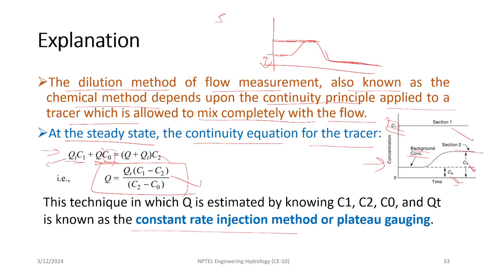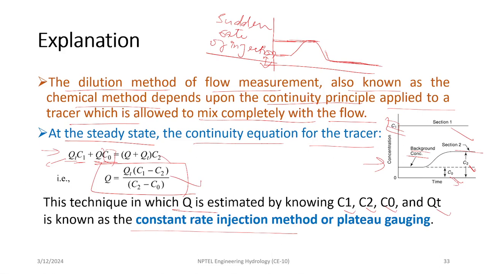This is the case of a sudden injection, but in this question we have to use the constant rate injection method. So if we know C1, C2, C0 as well as QT, we can directly compute Q.